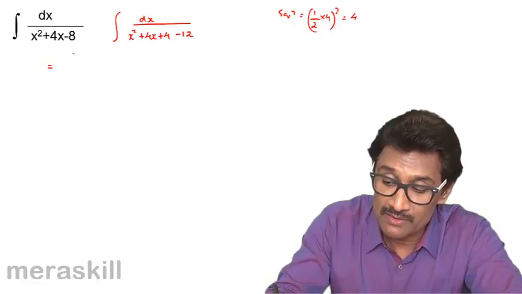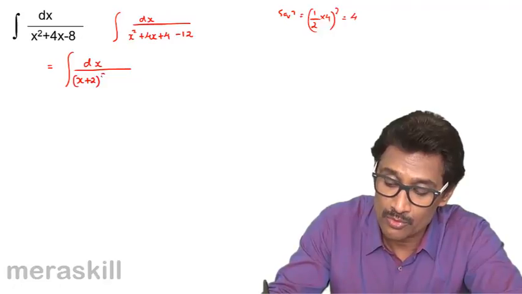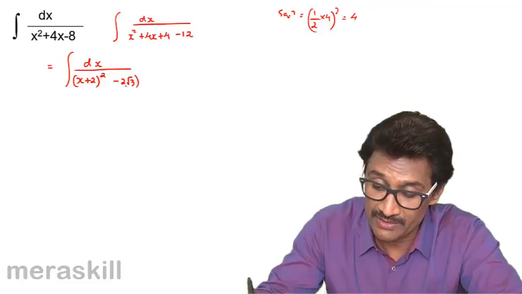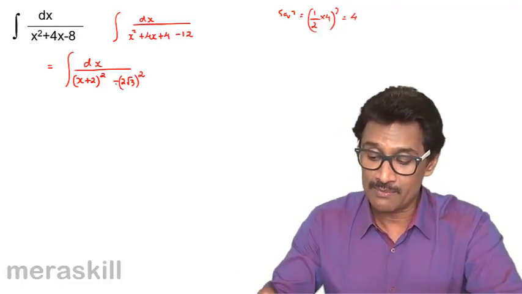So eventually this will become dx upon (x plus 2) the whole square minus (root 12, that is 2 root 3) the whole square. So this is of the form x square minus a square.